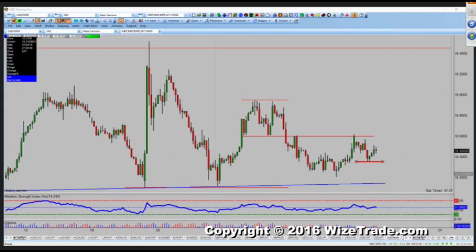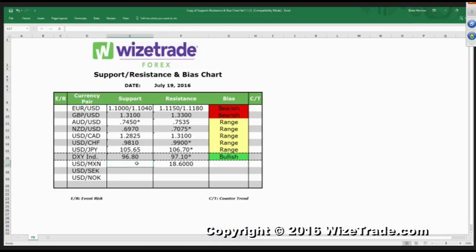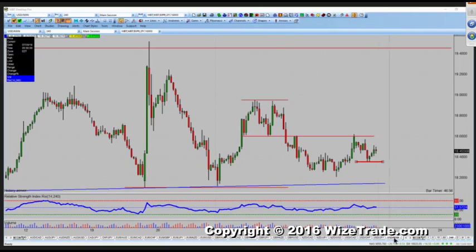Stand by. One second, I'm just checking something out real quick. Okay. Support's going to be right here at 18.35. I don't know what to do with the pair at this moment.